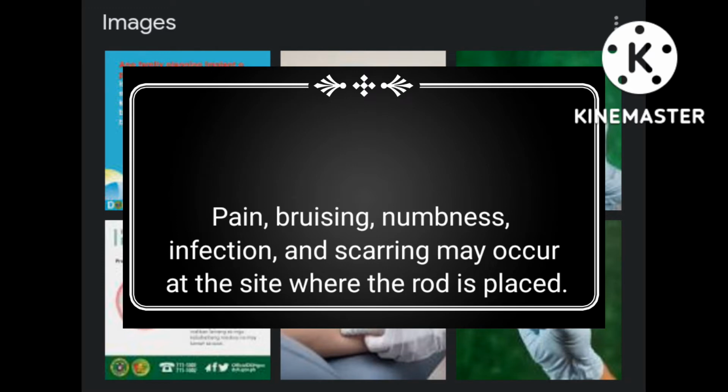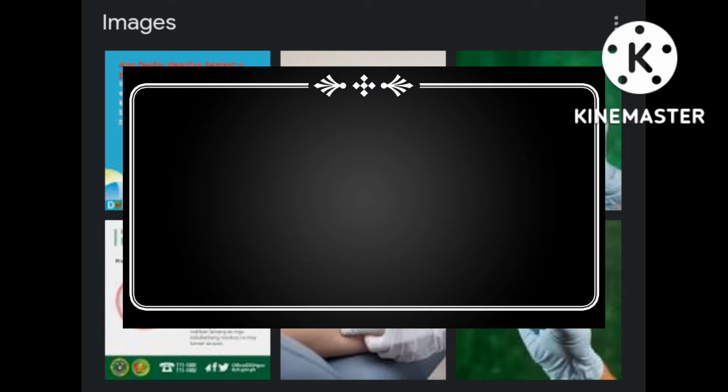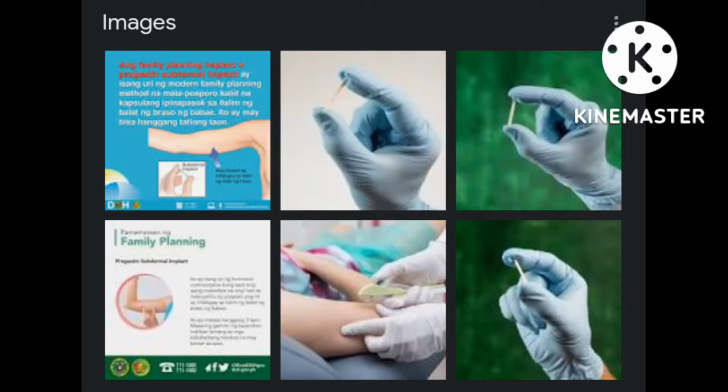Pain, bruising, numbness, infection, and scarring may occur at the site where the rod is placed. So, as you can see on the screen, that is the picture of subdermal implants.